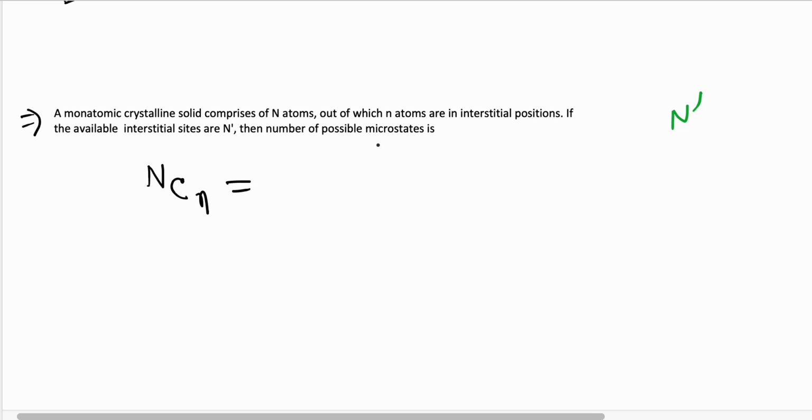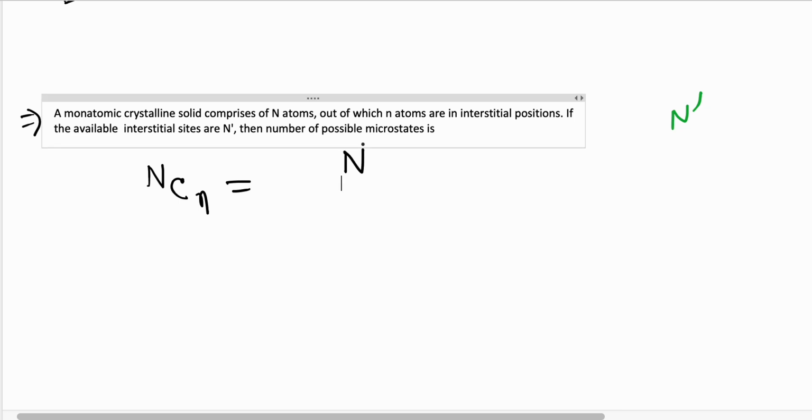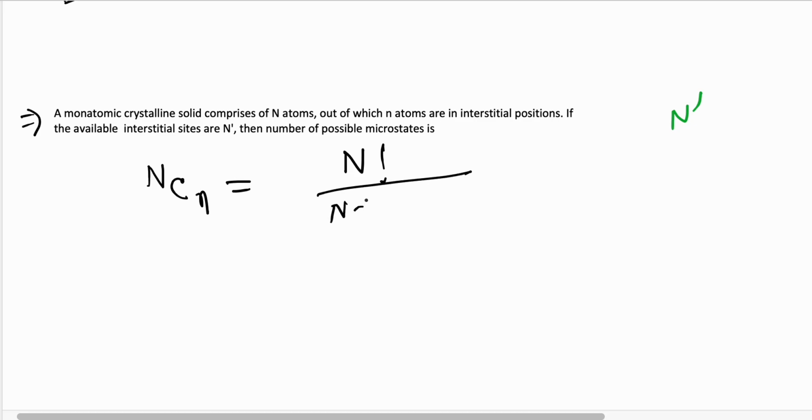That means the total number of ways we can rearrange small n atoms out of a total of n atoms is n factorial by (n minus n) factorial into n factorial. Now, out of this n prime, I have n atoms in my hand.